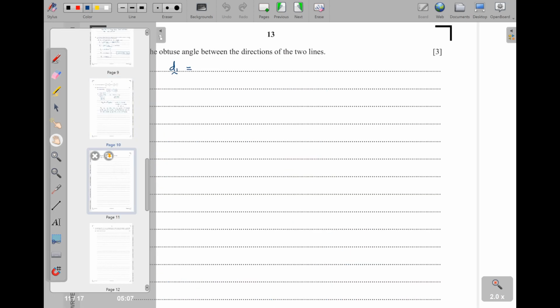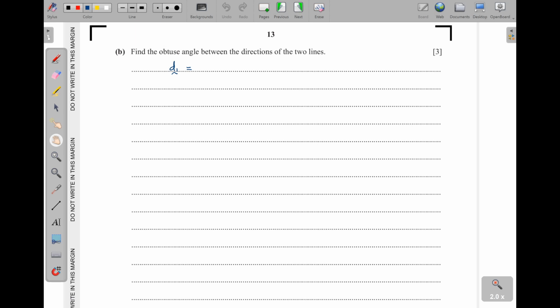So I'm going to have 2 here, then 3, -1, and then the directional vector for the next one is -1, -2, 1. So we use the scalar product. So D1 dot it with D2, then this one is equivalent to the magnitude of D1 times the magnitude of D2, then cosine of the angle in between.